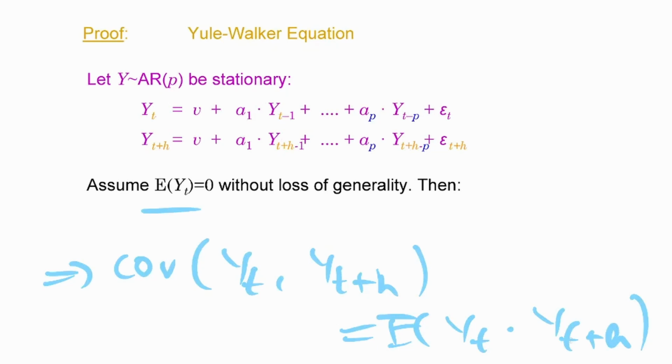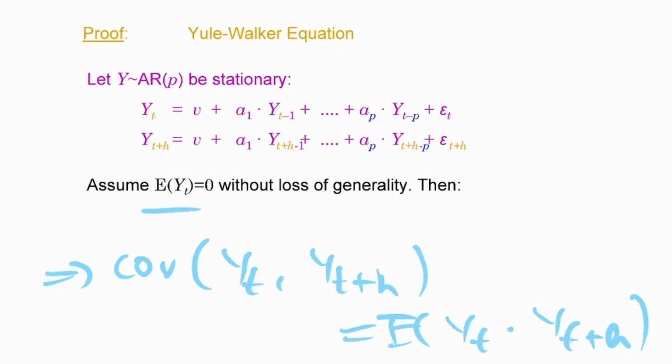Now, if it's not 0, what you can do is transform the process. You can simply subtract the mean from it. If you subtract the mean, this is not going to affect the autocovariance, because the autocovariance does not depend on additive constants. You understand what I'm saying?